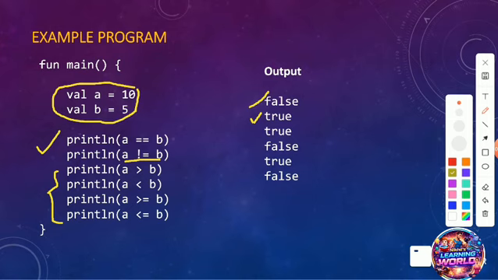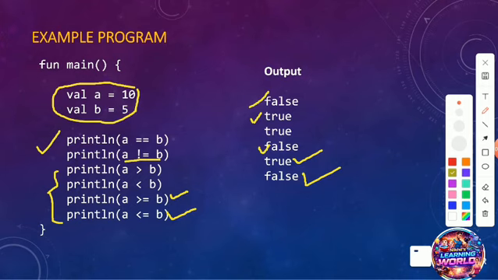A is greater than b, yes, 10 is greater than b, so true. Is 10 less than b? No, it's not less than b, it returns false. 10 is greater than or equal to b, obviously true, because 10 is greater than 5. Is 10 less than or equal to 5? False, because 10 is always greater than 5 or equal to 5.